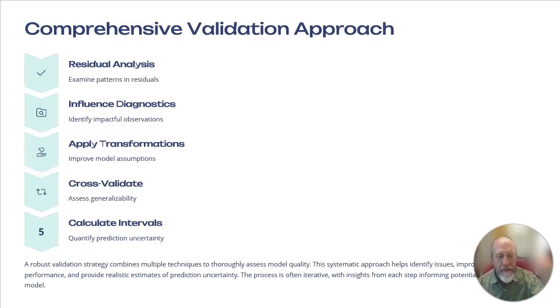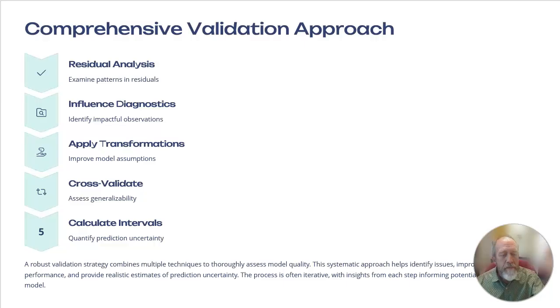Maybe beta naught plus beta 1 times x is not your best curve for this, and you can still use the methods you've got by doing transformations, just converting the data, the y or the x, within that model. So it's a transformation model.